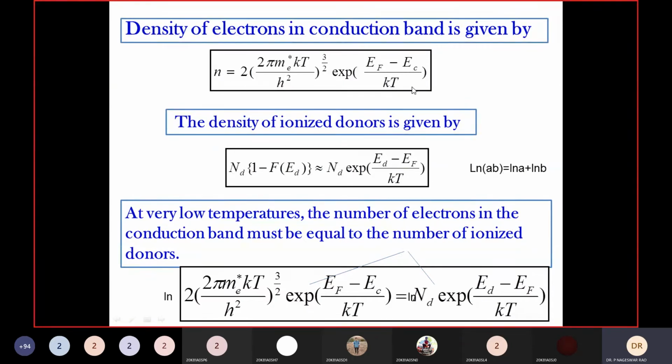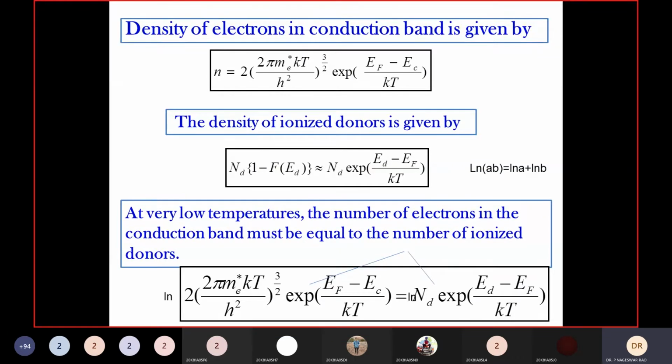Now, in the case of an n-type semiconductor, the majority charge carriers are electrons, so we can neglect the hole concentration. The majority of electrons come from the donor level.